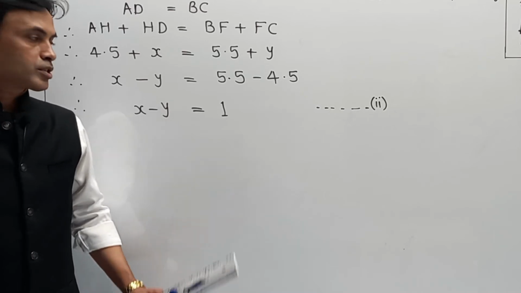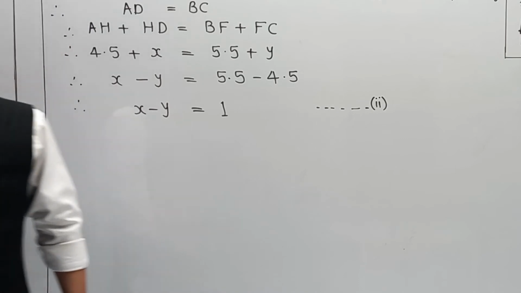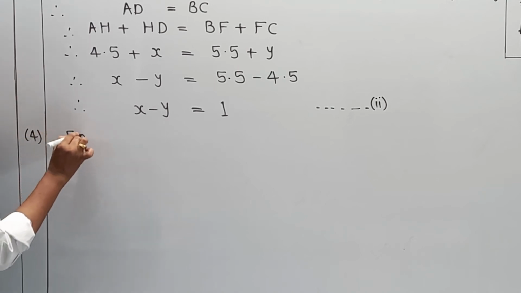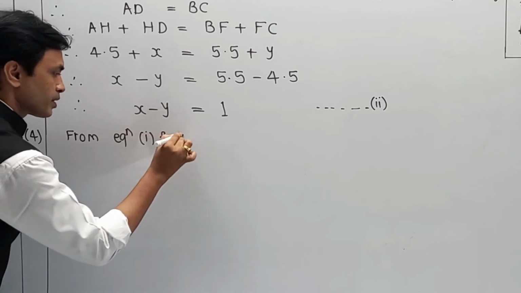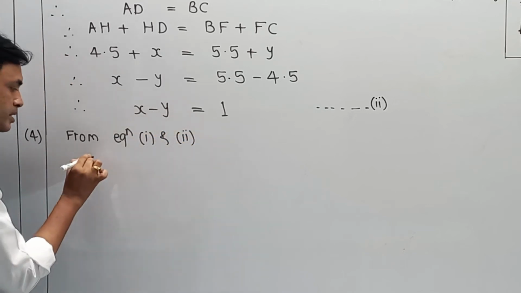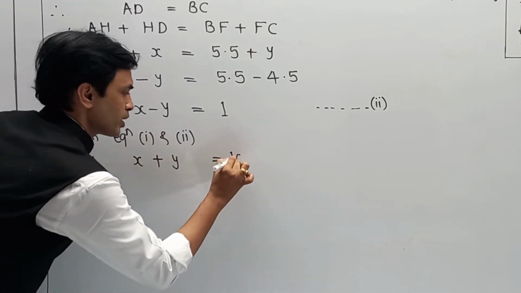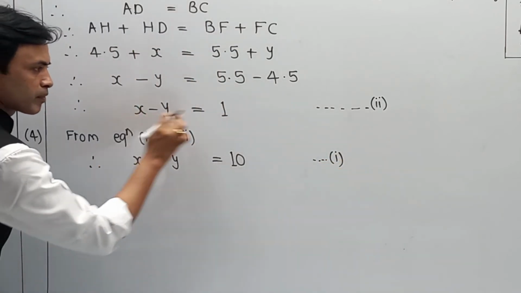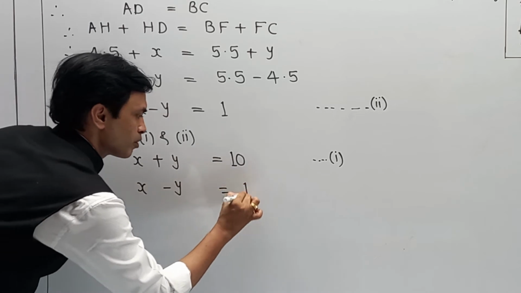Now the fourth part is correlated with equation 1 and equation 2, and when we are going to solve, the part is from equation 1 and 2. Equation 1 is X plus Y is equal to 10. Now your equation 2 is X minus Y is equal to 1.